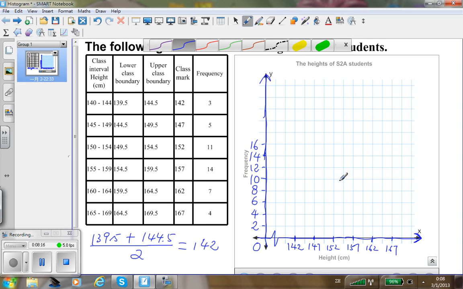In this case you can see we use 2 squares here to represent one group. For the first group the frequency is 3, and therefore we draw a rectangular bar like that.